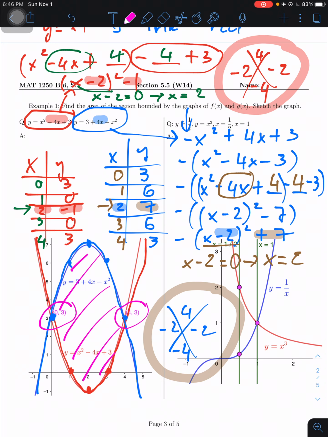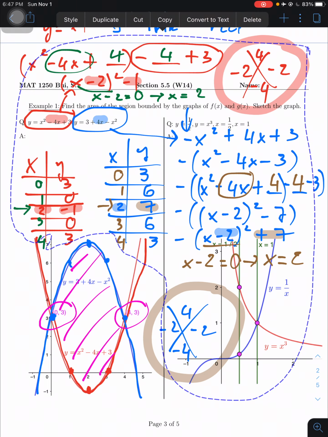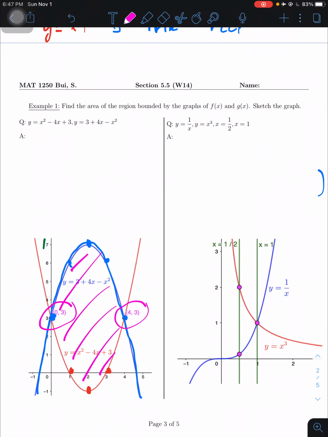Okay, so now let me take all of this information out of the page. Let me try to trace that one more time. Okay, here's a better one, I guess.